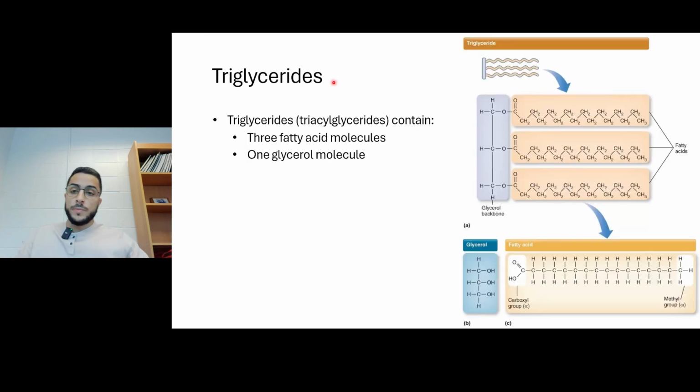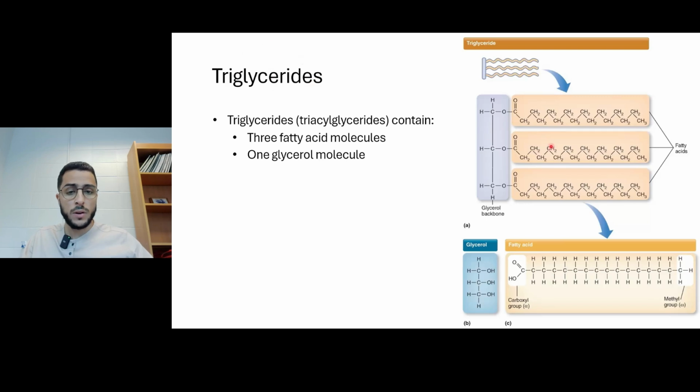Okay, so the main storage of lipids in the body are triglycerides, and these are analogous to what we've seen, for example, for carbohydrates when we talk about glycogen. So this is the storage form of lipids, and in the body we store them as triglycerides.